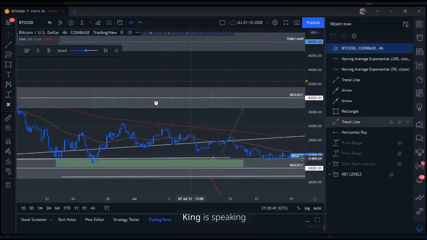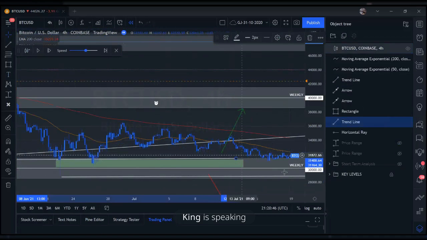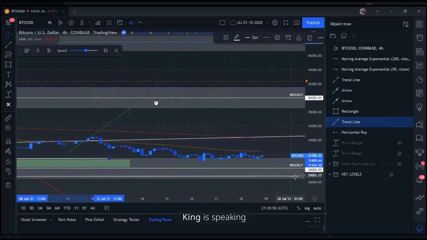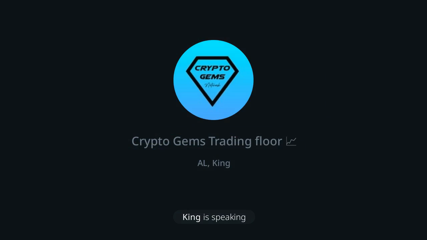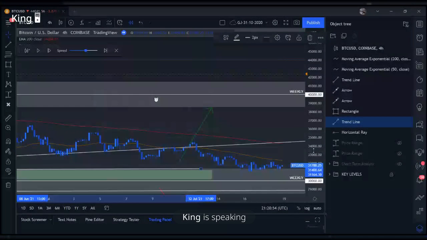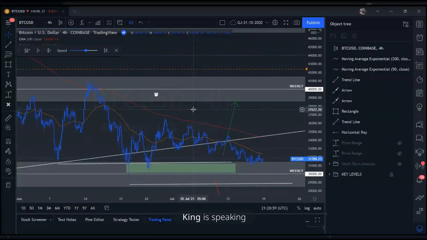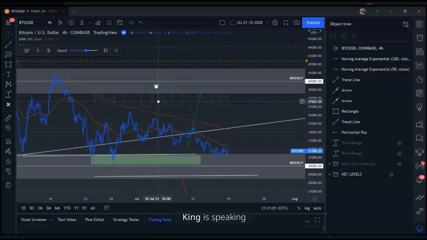This trend line here looks absolutely wonky. I'm sorry, it looked really wonky on the weekly there, but I hope you guys get what I'm trying to show you here. We have this price action here. We know what's going to happen because we just saw it on the weekly.